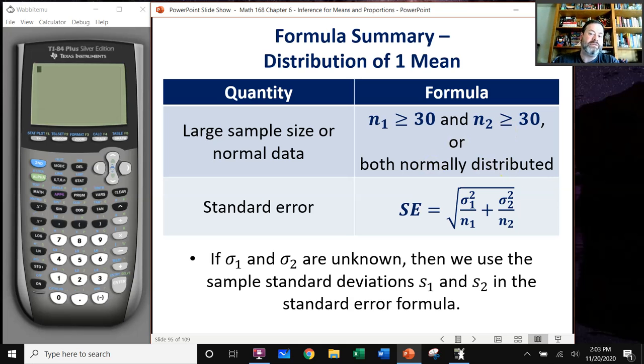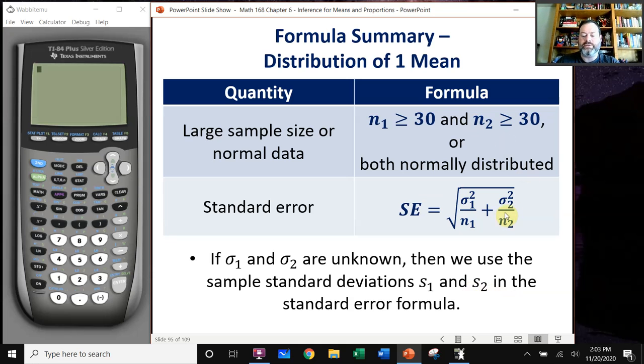They don't both have to be large or both normally distributed. They just each have to have one of the two. And it turns out that in the formulas later on, if we don't know sigma 1 and sigma 2, then we're assuming we don't know mu1 and mu2 because you need mu to compute these. Then we replace these with the sample standard deviations in the standard error formula.